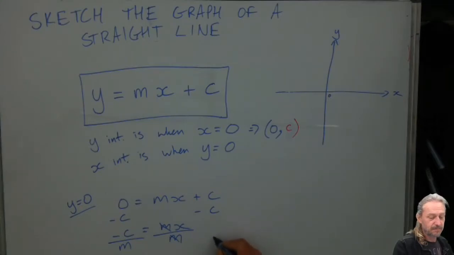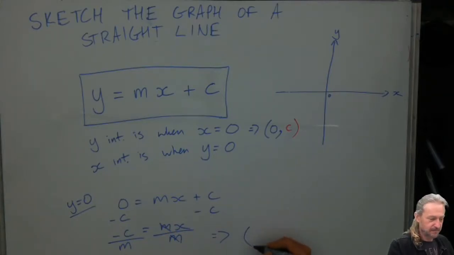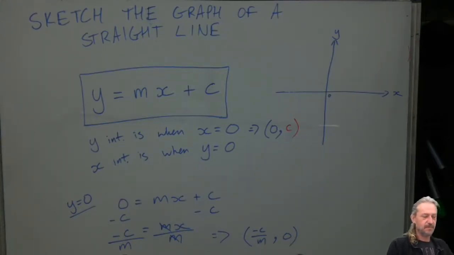So really, our x-intercept happens at negative c on m, comma 0. It's a bit of a convoluted way of thinking about it, but hopefully when we get some numbers in here, that will make a bit more sense.